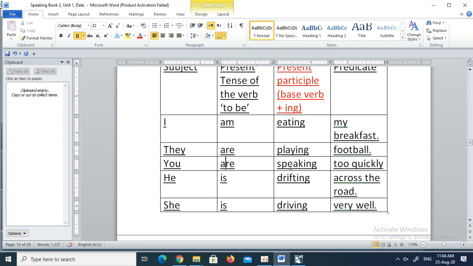We have the participle, the base verb speak, and then we add ing, and it becomes the participle speaking. You are speaking too quickly. If we say she is our subject, then she has to take the form is from the present tense of the verb to be, and then we take the participle, which is formed from the verb drive plus ing. She is driving very well.